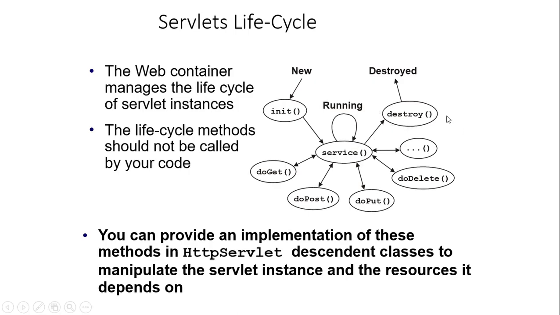Then the destroy method, and services like doGet, doPost, doPut, doDelete. In the previous lecture I explained in detail the purpose of doPost, doPut, doDelete, doGet. And destroy is for removing the process. When the work is finished, it will remove the process from the current processing. This is the destroy method we use to call.